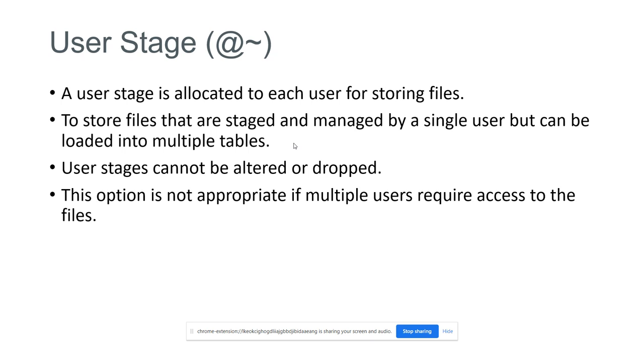That means I cannot copy my files to another user's staging area. One single user can copy those files into the staging area, and those files can be loaded into multiple tables. Here the point is a single user can load the data into multiple tables from multiple files.